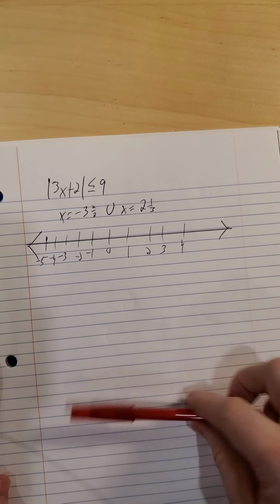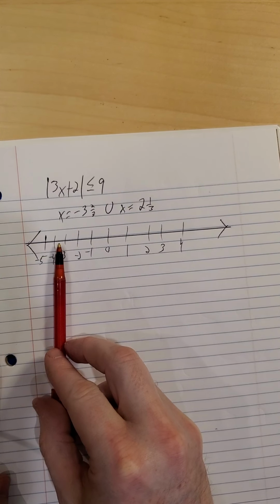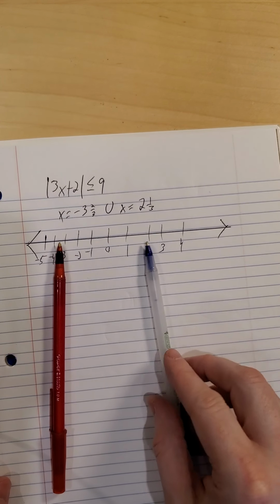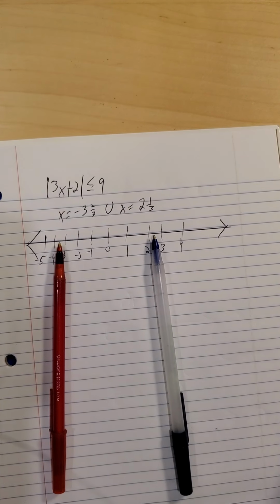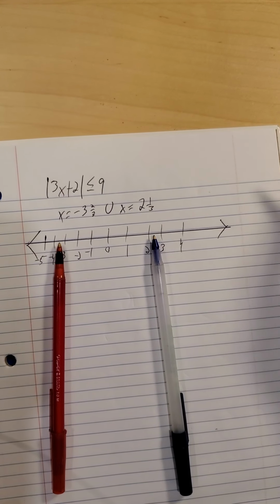Okay, so our two cuts, negative 3 2/3, so negative 3 and a little extra, so we're between negative 4 and negative 3. And positive 2 1/3, between positive 2 and positive 3. And we just identify some test points. If they work, we keep it. If they don't work, we don't keep it.